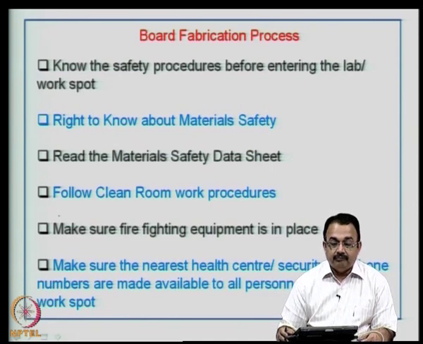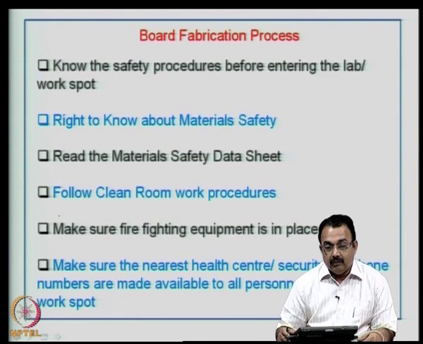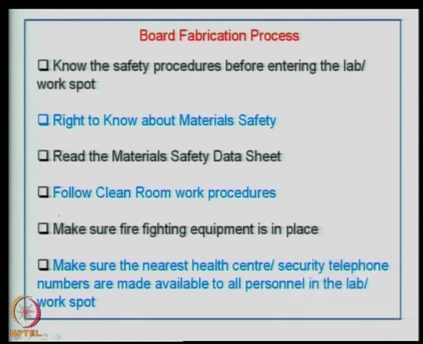Depending upon the clean room levels that you are going to work in, you need to use proper gowning methodology, and proper clean room equipment needs to be in place. Make sure firefighting equipment is in place, and make sure the nearest health center and security telephone numbers are made available to all personnel working in the lab or at the work spot.